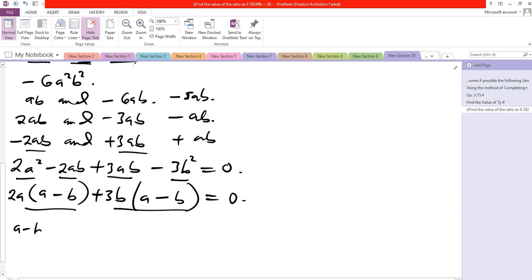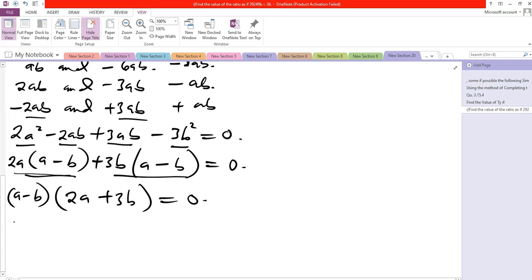The common factor is a minus b. If we use a minus b to divide the first term, we'll be left with 2a. If we divide the second term, you have plus 3b equal to 0. Now what we'll get is a minus b equal to 0, or 2a plus 3b equal to 0.